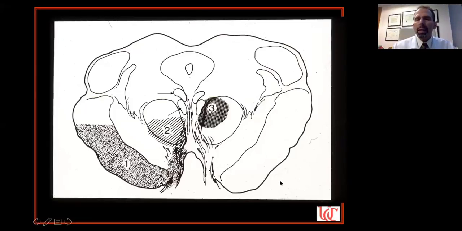So when we see what looks like a right fourth nerve palsy, we're talking about the peripheral nerve. That right fourth nerve started in the left midbrain, in the nucleus. So a nuclear fourth gives you what looks like a contralateral fourth nerve palsy clinically. That's the information you need to get that preceding question correct.